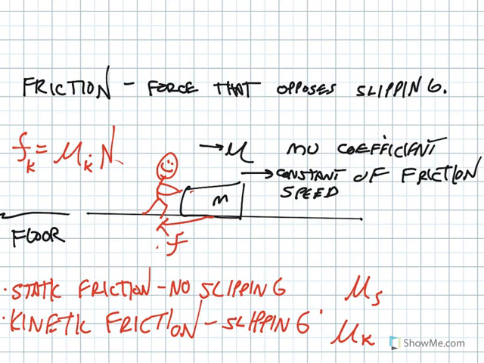And this coefficient of friction depends on what the surfaces are. It depends on what this block is made of, and it depends on what the floor is made of. All pairs of materials have a coefficient of friction. If you're going to be a civil engineer and design roads, or a mechanical engineer and design machines with slipping parts, you need to know a lot about friction.